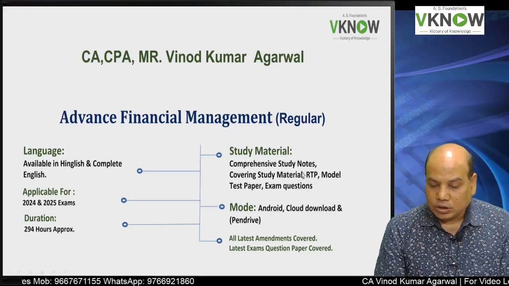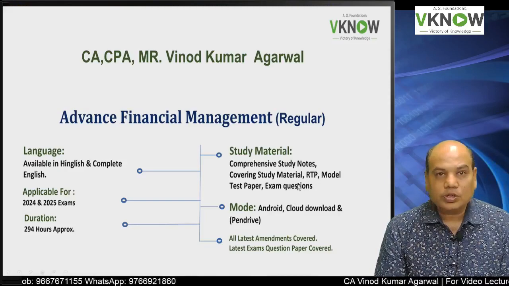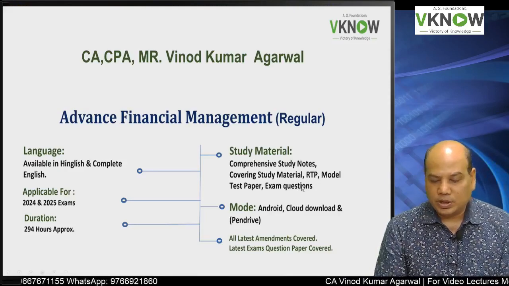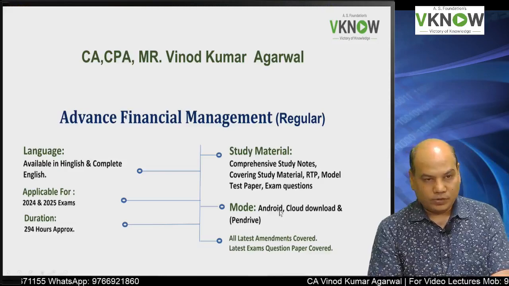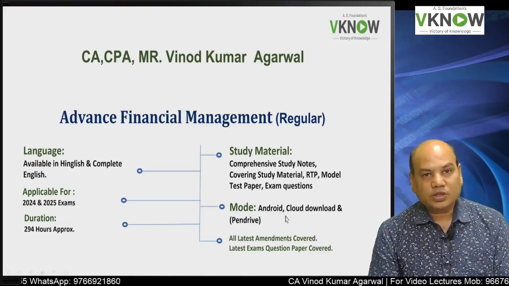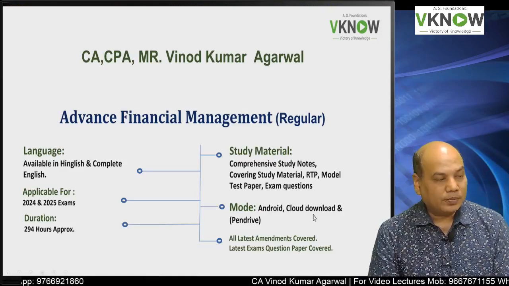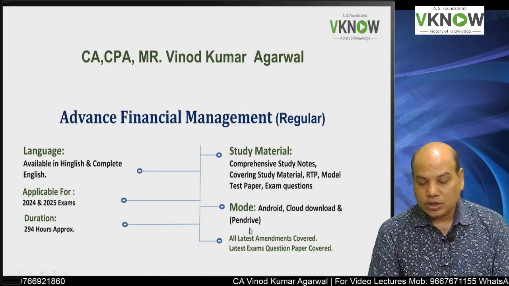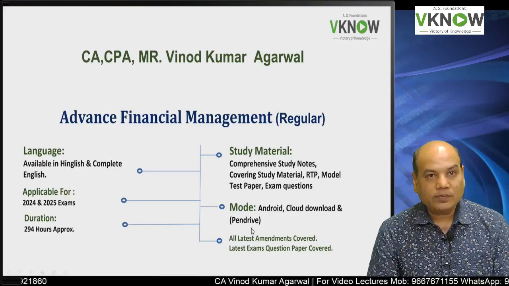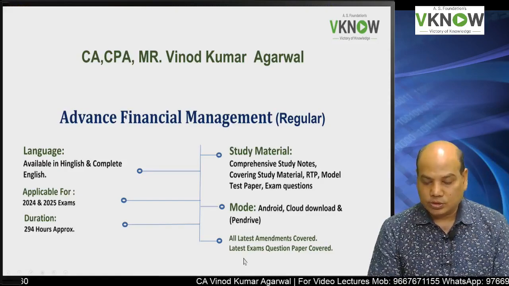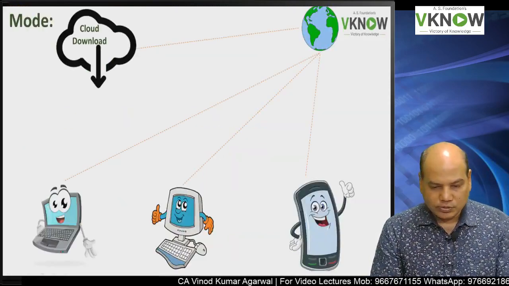Our study material covers all questions of study material, RTP, MTP, past exams and many reference books. You can purchase and watch it on your Android based mobile phone, laptop, desktop. You can also get it on pen drive, and we have covered all the latest exam questions and papers also.